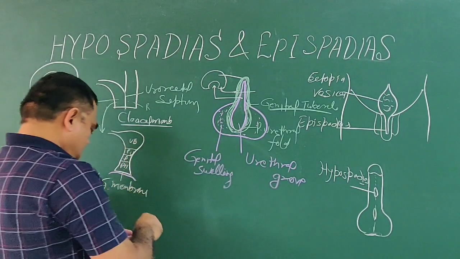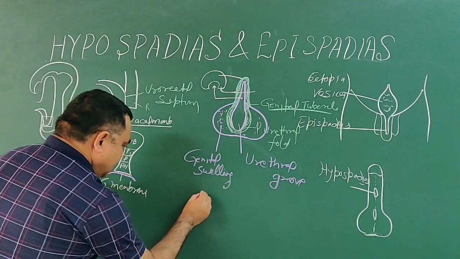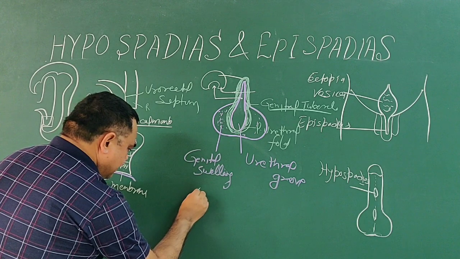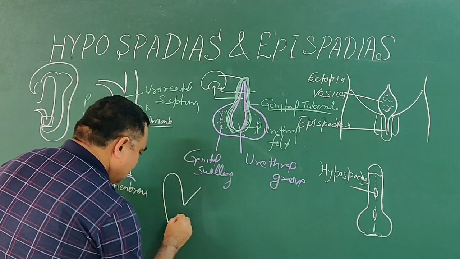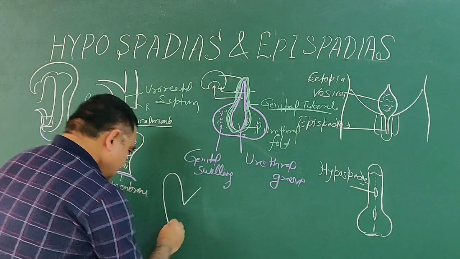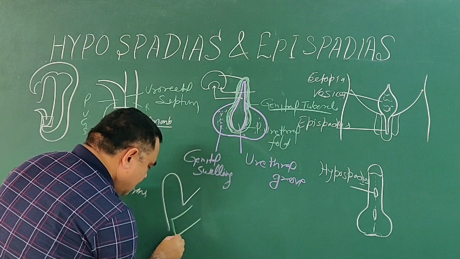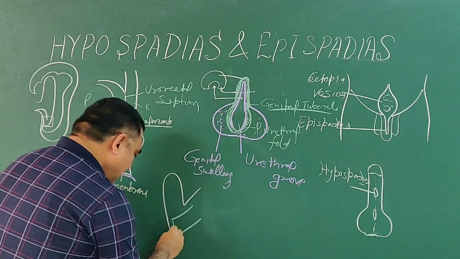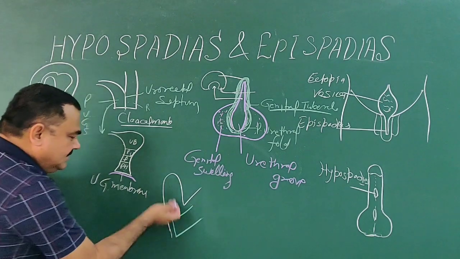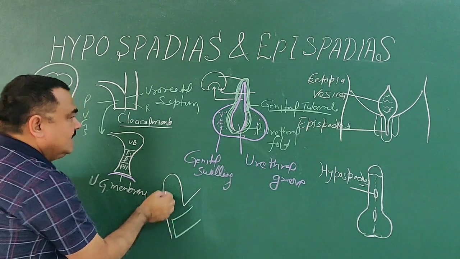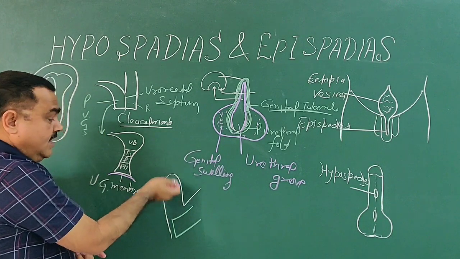If you see in this lateral view of the diagram, here is the position of the phallic part of the urogenital sinus, and this part is the phallus, which goes upward cranially.